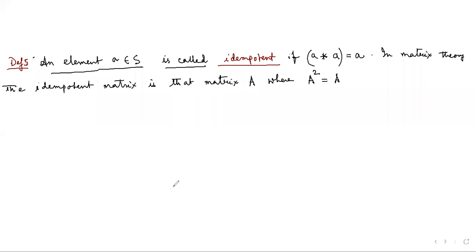Identity matrix is the idempotent matrix. So in general, this is the definition when we call that a particular element is idempotent.